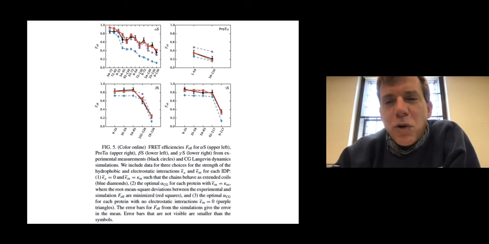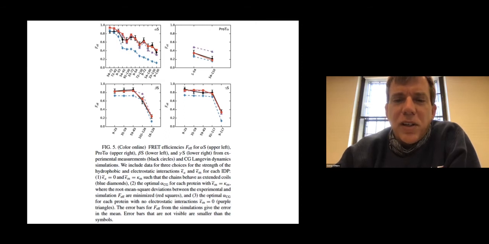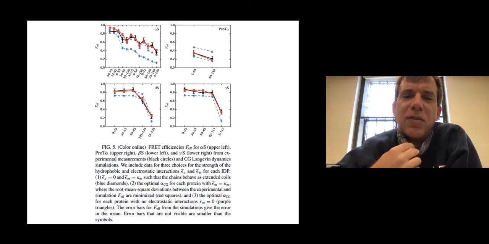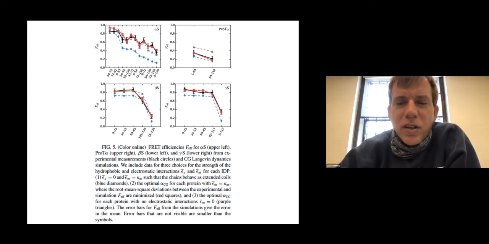Well, it's true for all 4 of them. And again, for all 4, the electrostatics model occurs below the rest, because it's basically showing that there is some attraction, there is some hydrophobicity in these intrinsically disordered proteins that make them different from just a charged polymer.